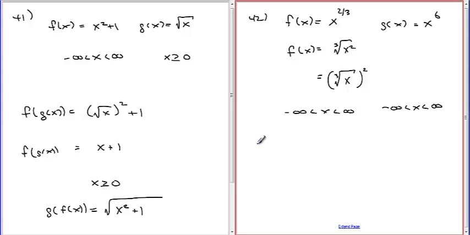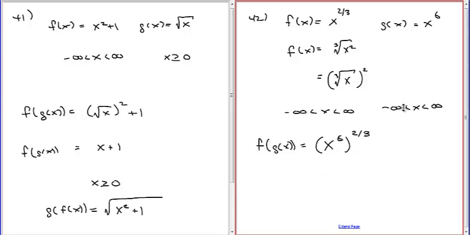So then we have the two composite functions, f of g of x. So that's x to the 6th, to the 2/3 power. Now again, I haven't simplified it yet. So I look at this form, and I can look at the domain for that.